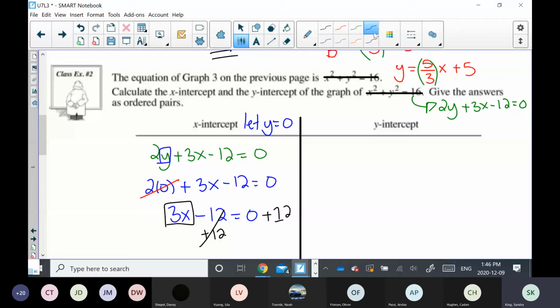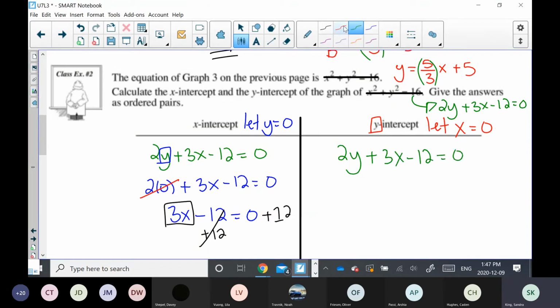Okay, y-intercept. If you were solving for a y-intercept, you let x equal 0. So always write out your original equation. 2y plus 3x minus 12 is equal to 0.